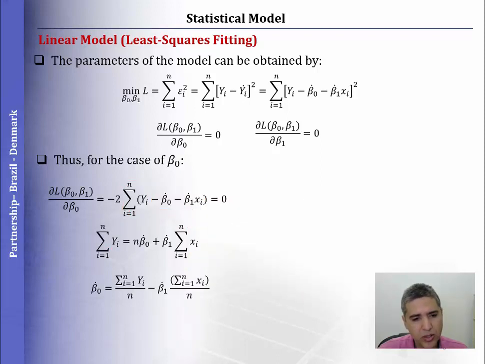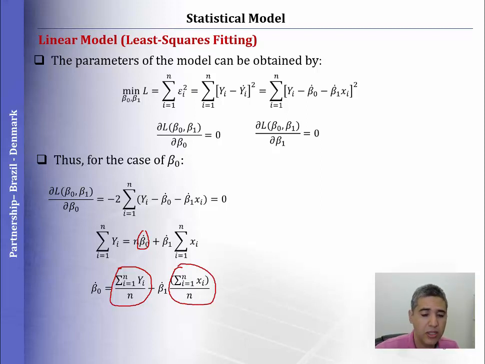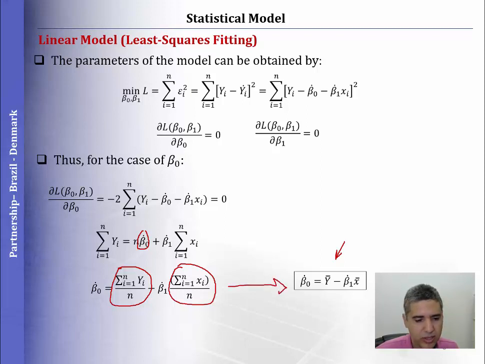Okay, isolating beta 0, we have this expression, which is the average of the set of the data, minus beta 1 times the average of the explanatory variable, which is the time in our application. Then we have a simpler way to write it.